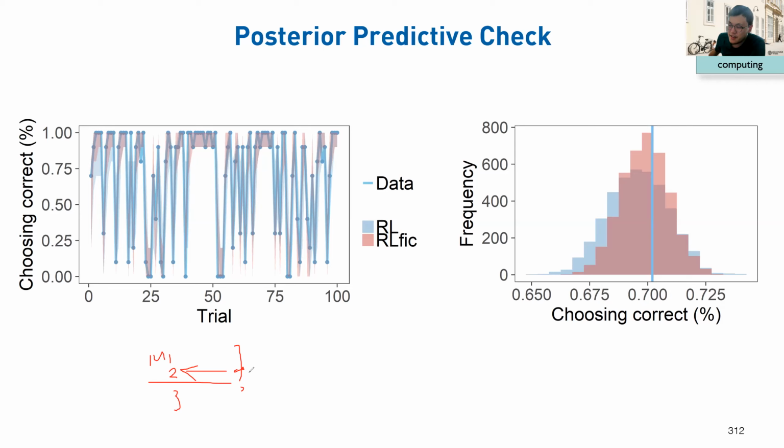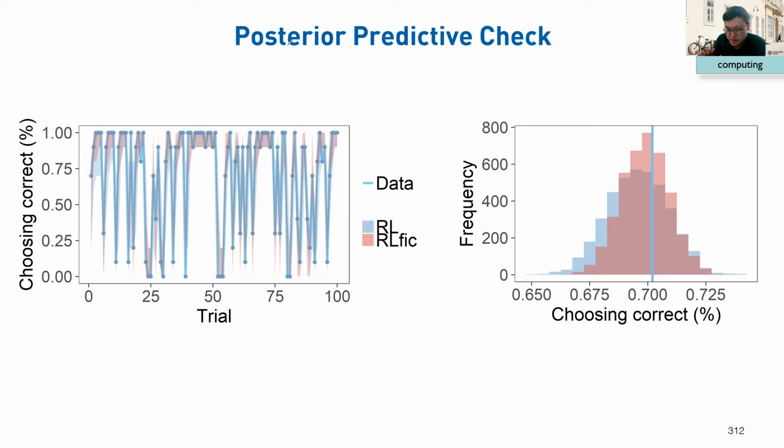But what if the best one is still predicting only 60% of the variance or 60% of the accuracy of the data? So on the absolute scale, even the best among the 3 is still kind of poor. We have to do another step to validate our winning model, to validate if it is a good model. So how to do that? We want to go back to our posterior predictive check.